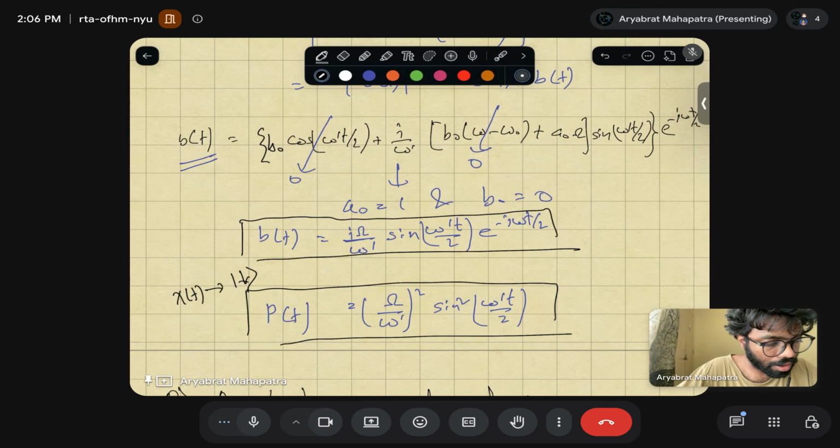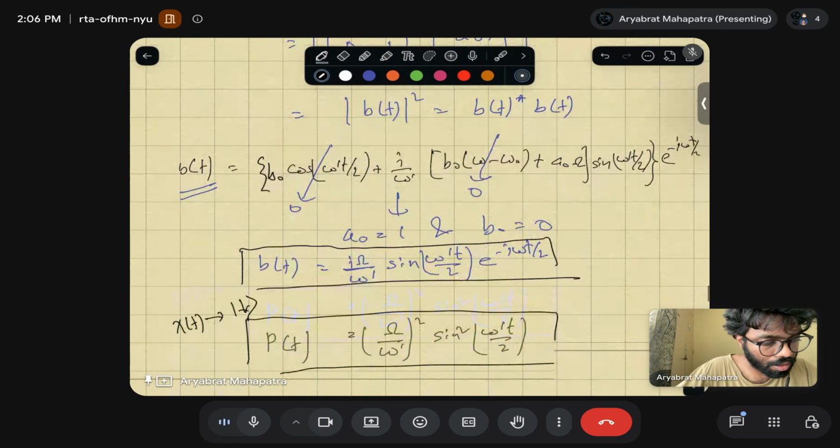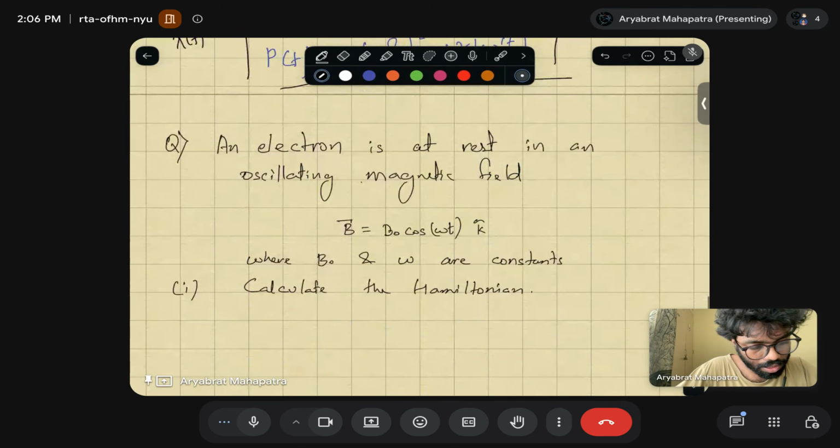If not, we can quickly see another question of similar type.